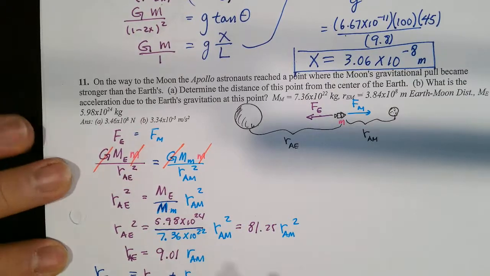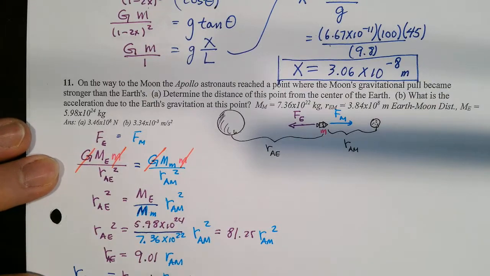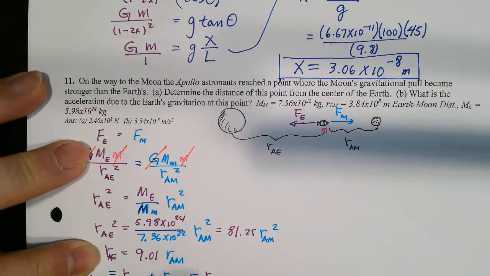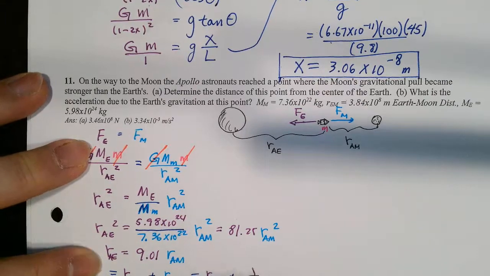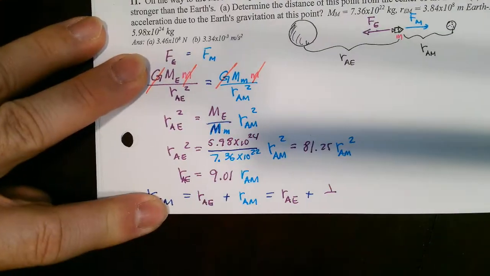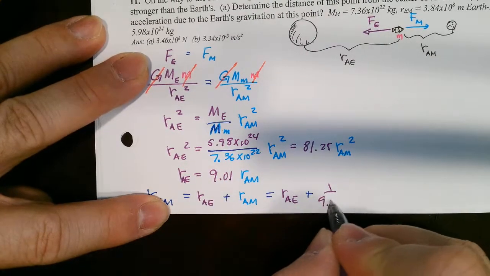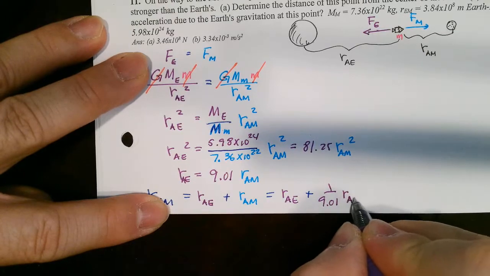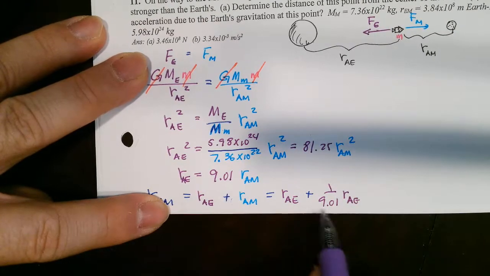So that is equal to RAE plus, this is simply 1 over 9.01 RAE, because this is the same as that.